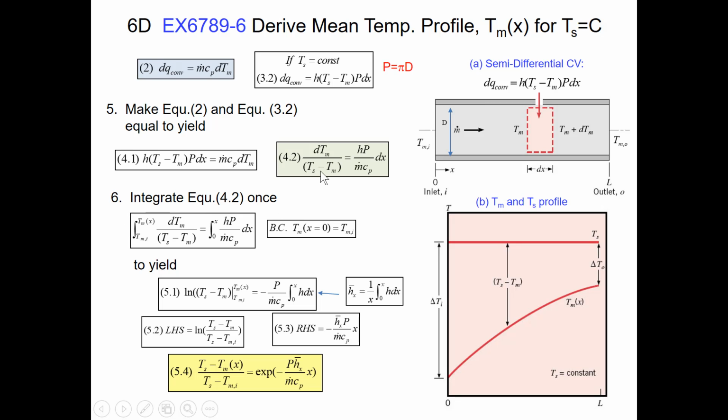6. We integrate equation 4.2 by combining the boundary condition into the integral to yield equation 5.1. By plugging in Tmi and Tmx into the natural log, it yields the left-hand side, equation 5.2.